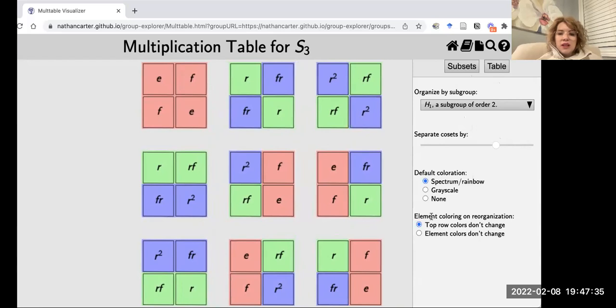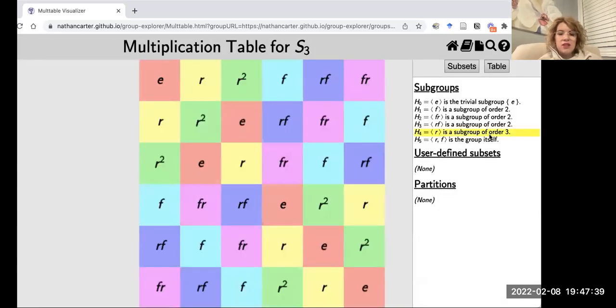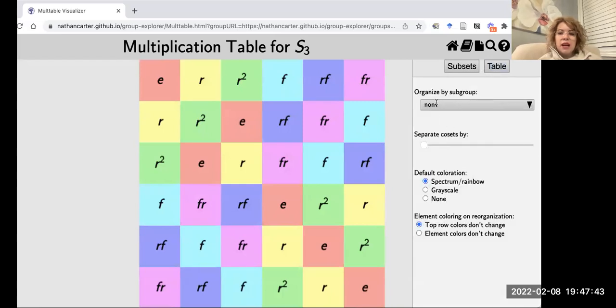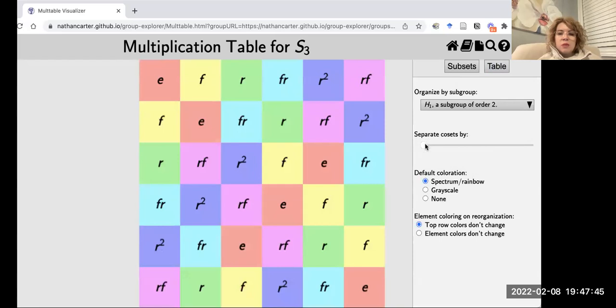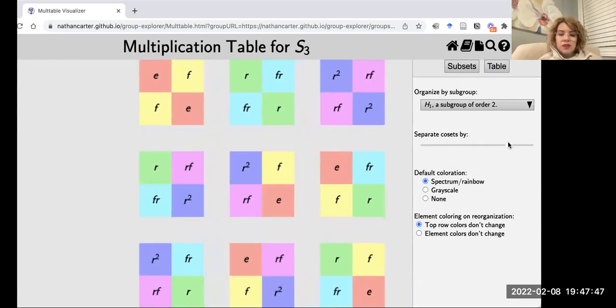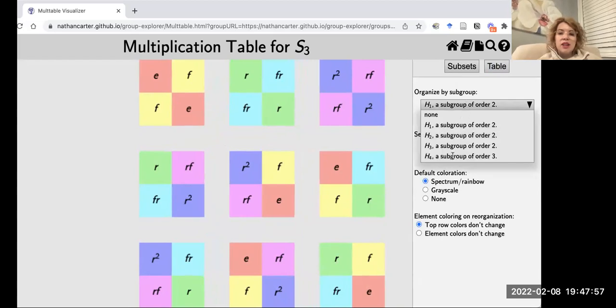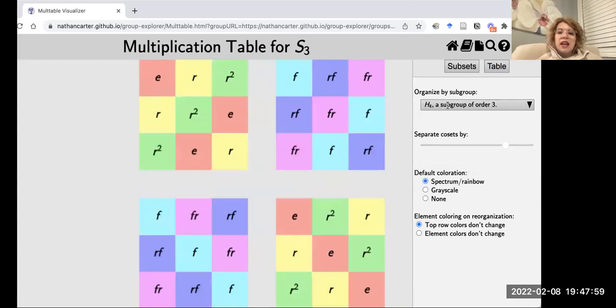Yeah, let's recolor. I'm going to recolor this to default. And if I go to the table right away and I organize by the subgroup, it looks like this. Yeah, and I think that the issue is that it's still such a small group that I'm not seeing patterns as strongly as I would if I organized it by, say, H4.